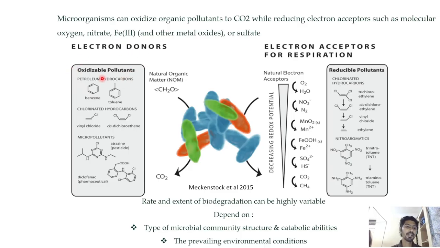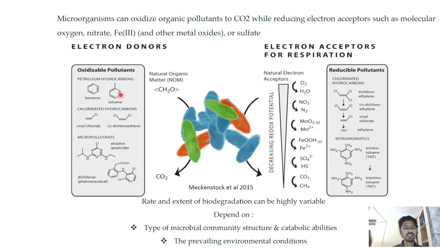These are some of the oxidizable pollutants: petroleum hydrocarbons, for example benzene and toluene; chlorinated hydrocarbons, vinyl chloride and dichloroethane; and micropollutants, including the pesticide atrazine, whose structure is shown here, and pharmaceutical pollutants like chlorophenol. These are the emerging contaminants, and these are the petroleum hydrocarbons.